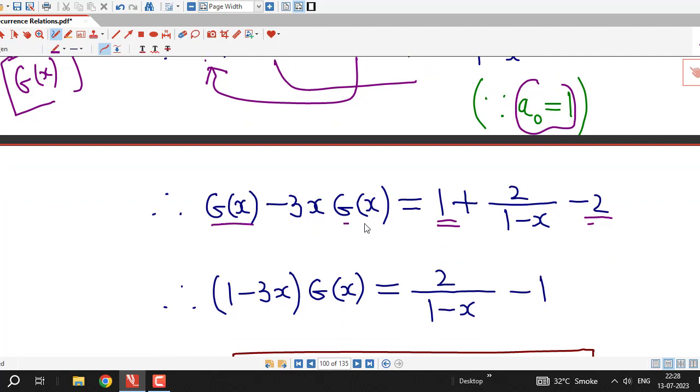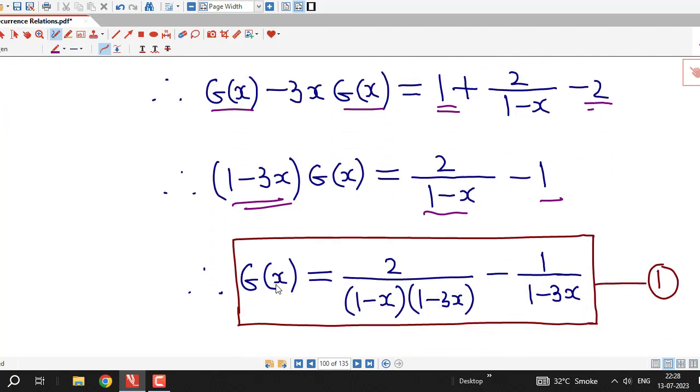Here we take g(x) common and we are left with 1 minus 3x, and in the next step we divide these two terms by 1 minus 3x and we have this form of generating function g(x): 2 over (1 minus x) into (1 minus 3x), minus 1 over 1 minus 3x.